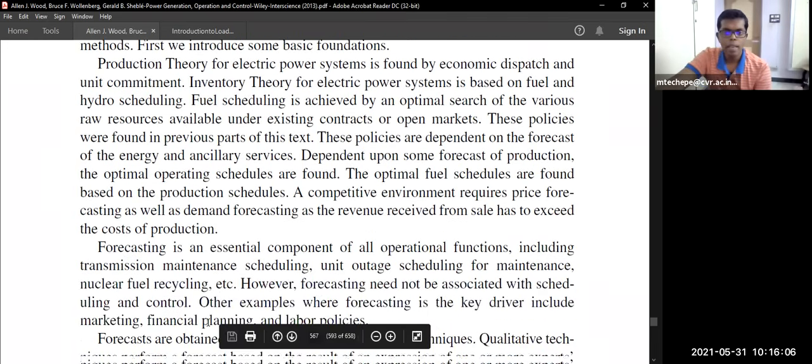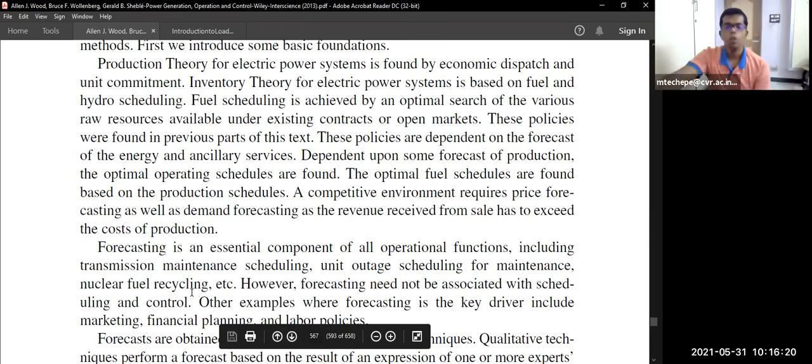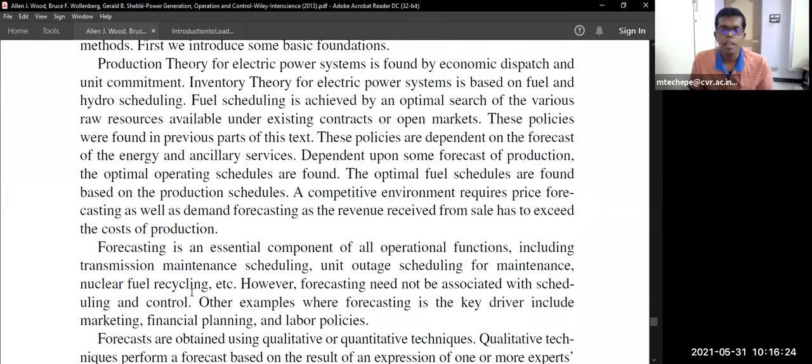Okay. So forecasting is the essential component for all functional operational functions, including transmission maintenance scheduling, unit outage scheduling for maintenance, nuclear fuel reset. So if you forecast, you may know when you have to go for maintenance. Say for example, a nuclear power station is running for 20 hours in a day.